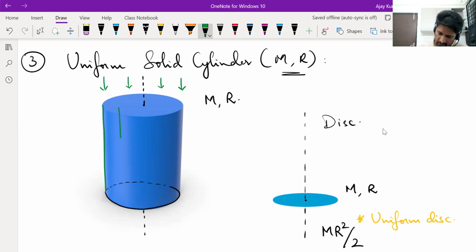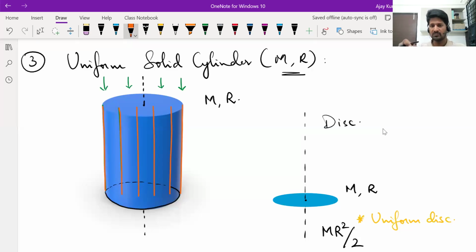You can visualize tubes of mass present like this. So mass extends up to the same height everywhere, right? So if you compress the cylinder and make it a disk, the disk that you get will automatically be uniform.